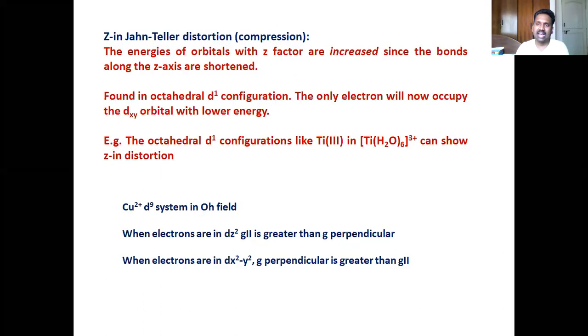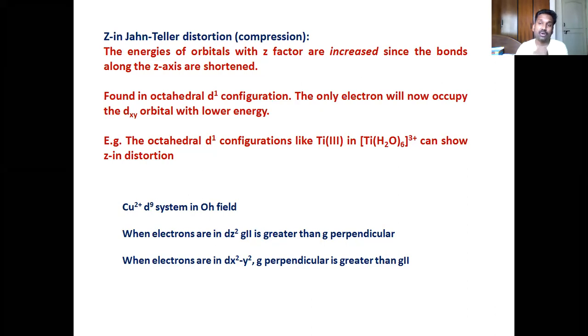The last example we are going to see is the Cu2+ D9 system. I told you it is a very common example for JT distortions in an octahedral field. Please remember the field is still octahedral. If there was no Jahn-Teller distortion, it should have given you a single isotropic G value.